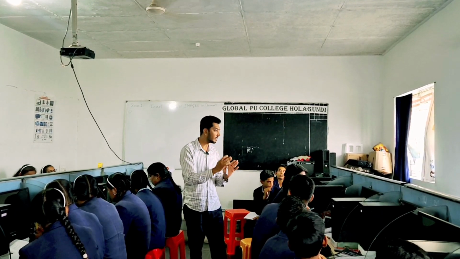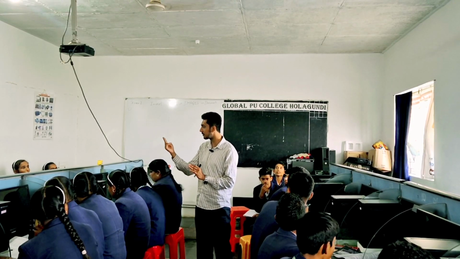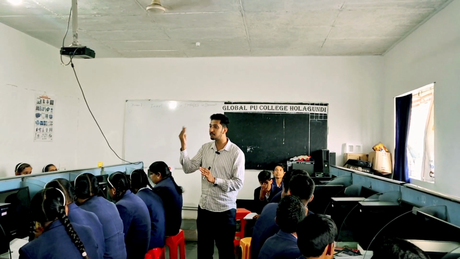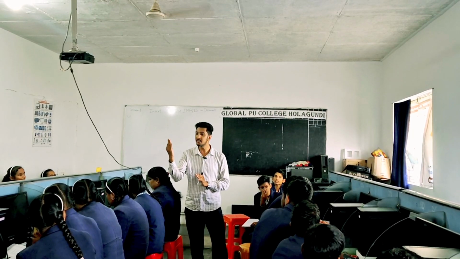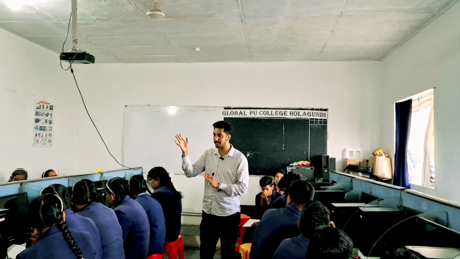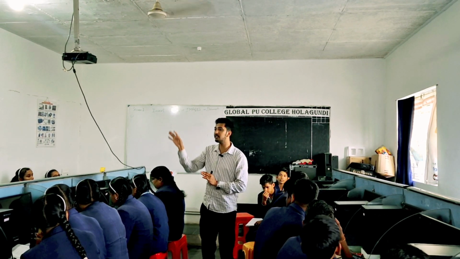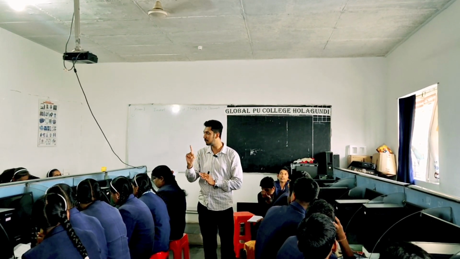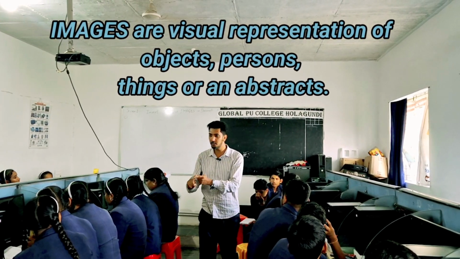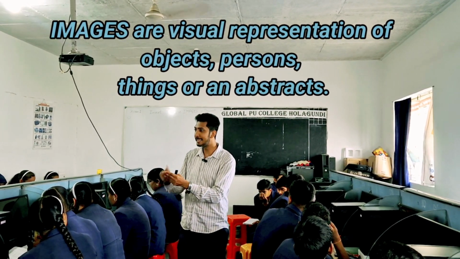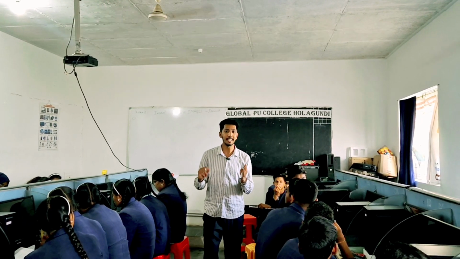So images are nothing but a visual representation of an object, person, thing, or an abstract. Abstract means an idea, a thought, what you are thinking. So an image is a visual representation of an object, person, thing, or an abstract.